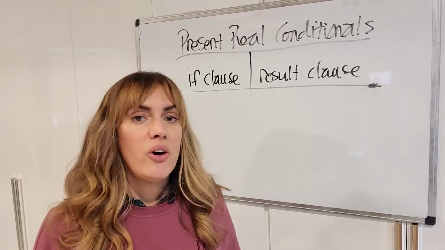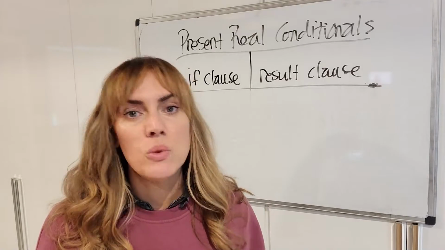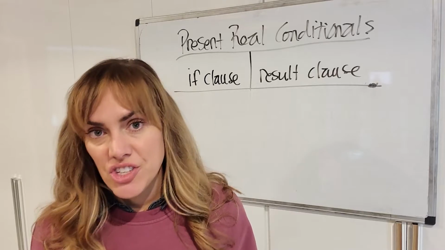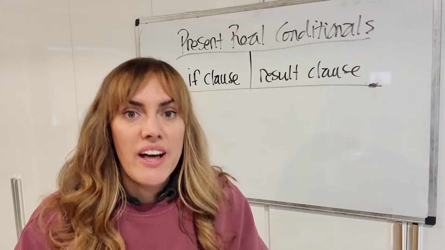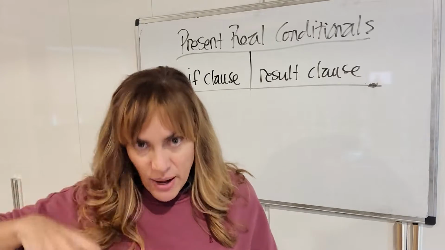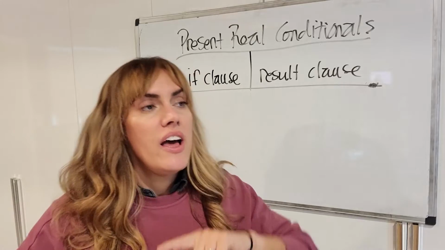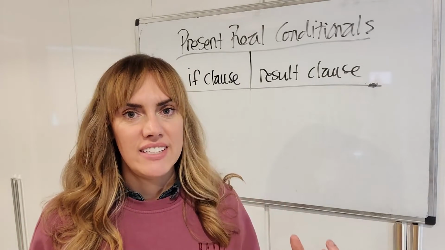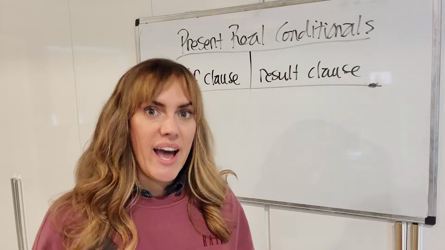Since this video is about present real conditionals, that means we're talking about cause and effect relationships that have a real, true effect. When something happens now, when I do it now, there is always this real effect. So it's the present real, it really happens.